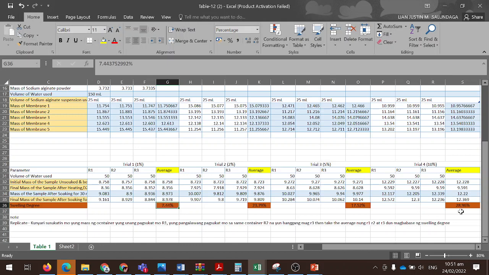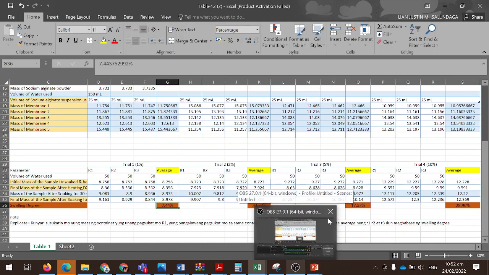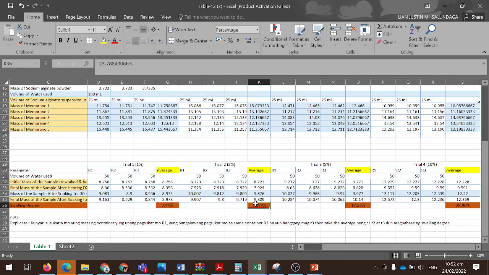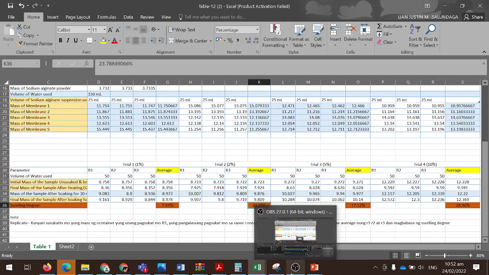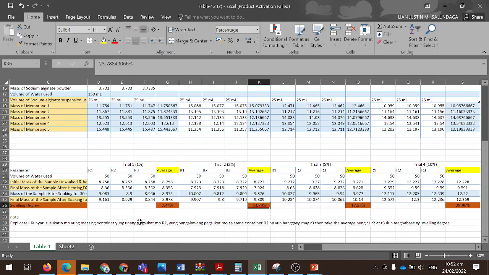Actually, the swelling degree would tell us that the higher the swelling degree, the more inefficient the proton exchange membrane. Basically, only protons should pass through that membrane, not water, no. So if it is a high swelling degree, there is a problem with that membrane, no. And one of these is the ratio of activated carbon and kaolin clay, no.